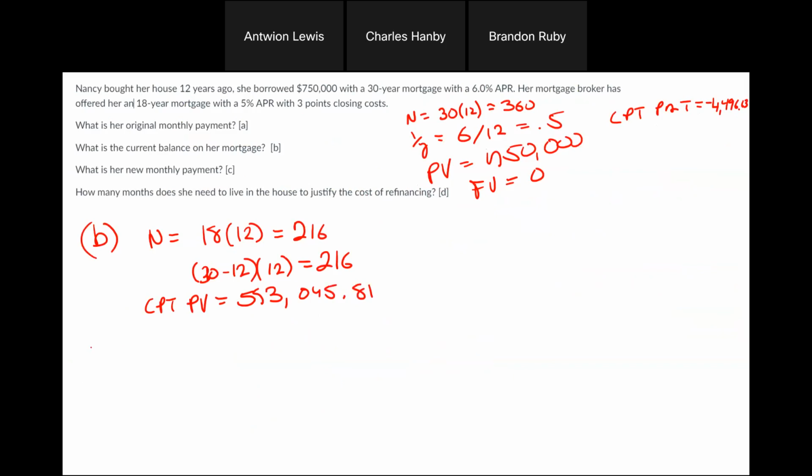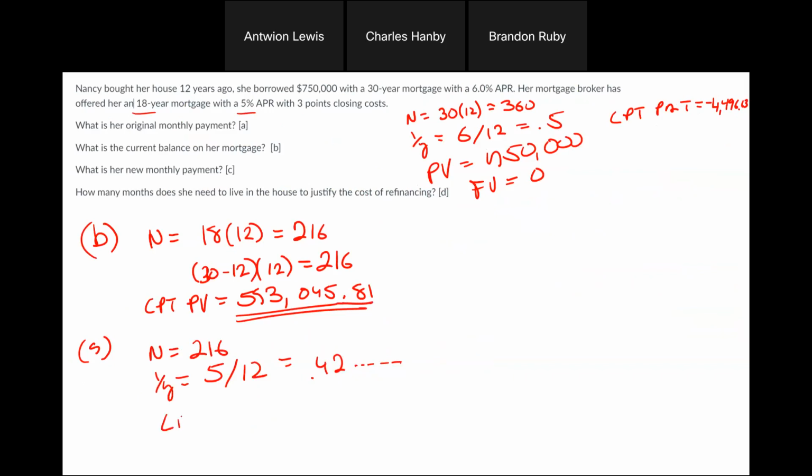So for C, we calculate our new monthly payment. That's 18 years at 5%, and this is our balance on our loan. So N is 216, I/Y is 5 divided by 12, that's 0.42, but don't do the calculation and press I/Y, because the number goes on probably forever.